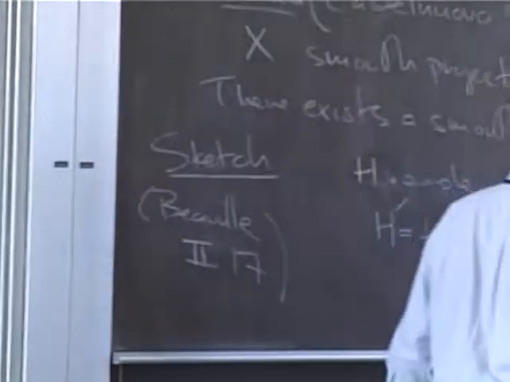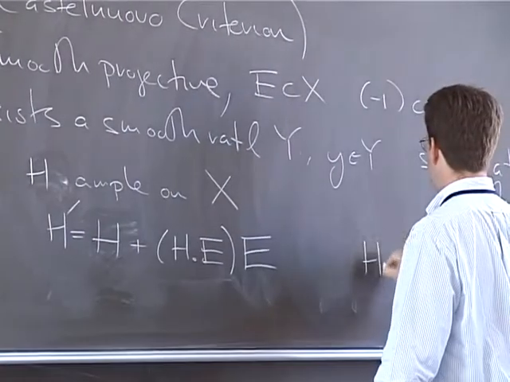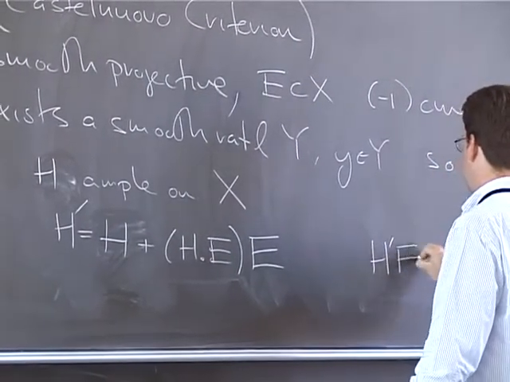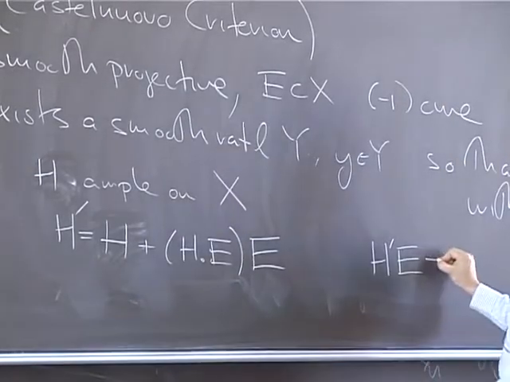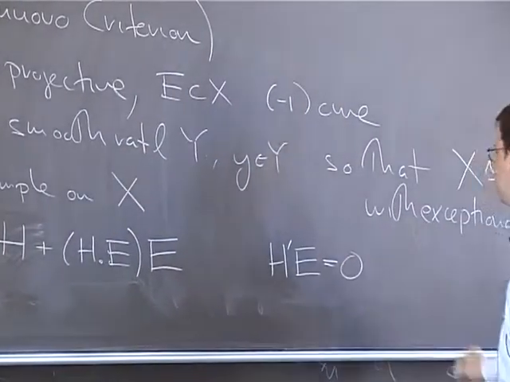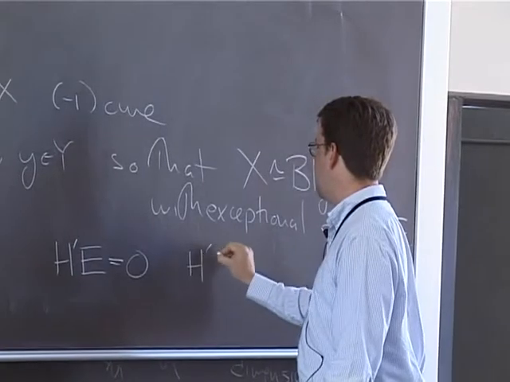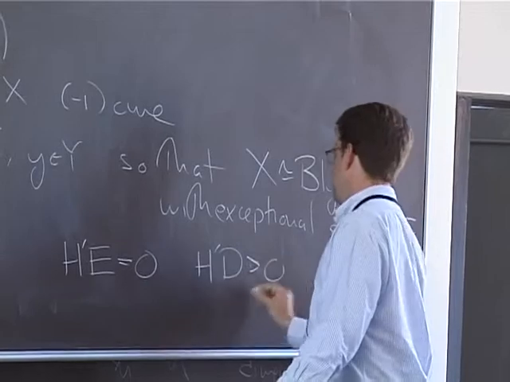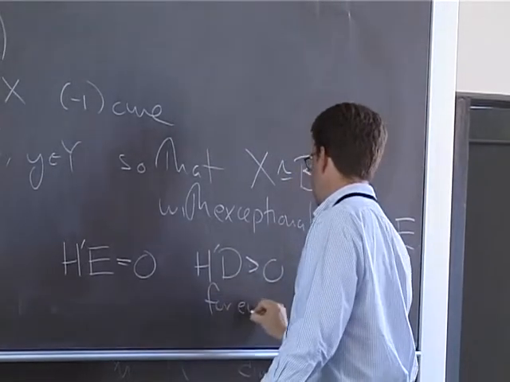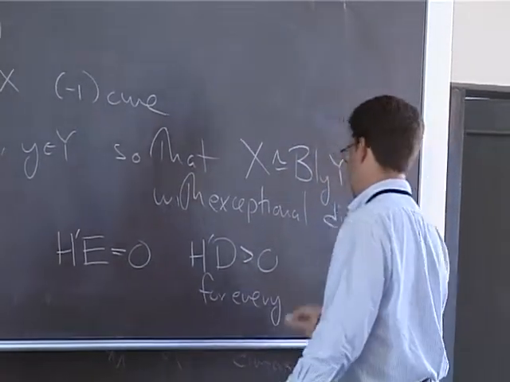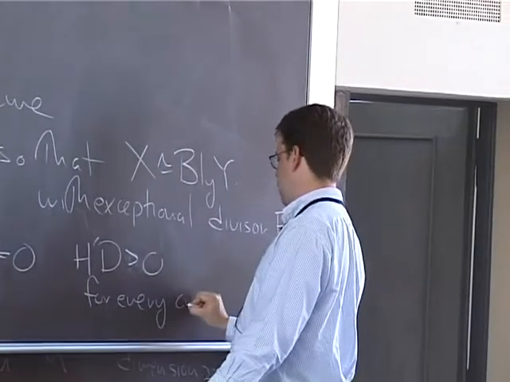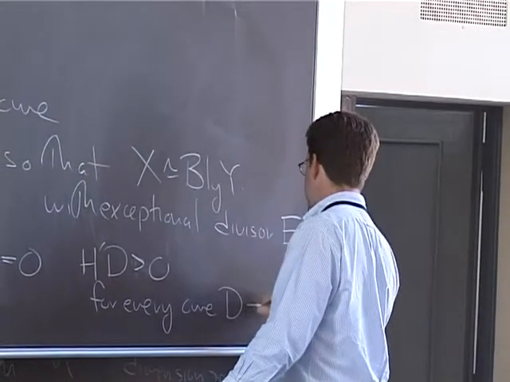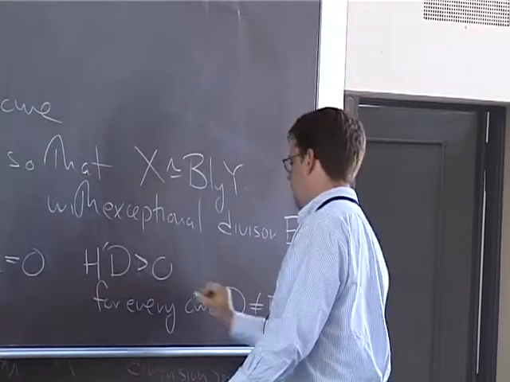The thing that we should see about this is that if I take h and I intersect it with e, this is equal to 0, but h·d is positive for each curve d not equal to 0.